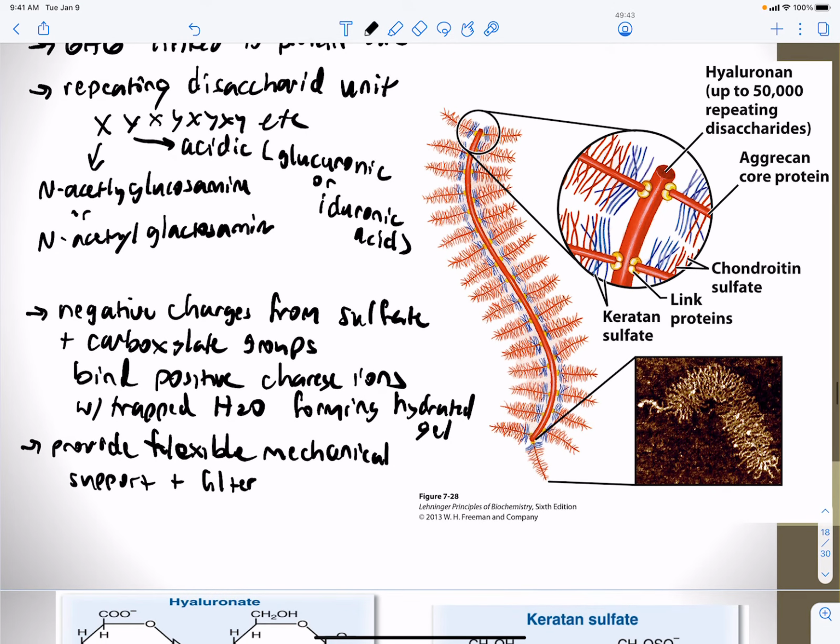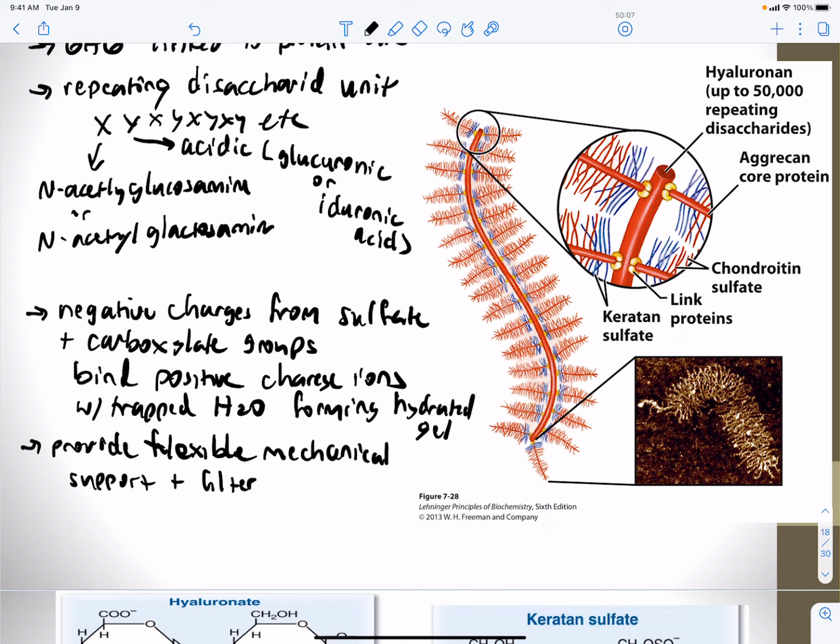So your proteoglycans are going to be found in your interstitial connective tissues, such as the synovial fluids of joints, the vitreous humor of the eye, atrial walls, cartilage, bone, your cornea. They're going to interact with collagen and elastin, fibronectin, whatever's there, and also laminin.